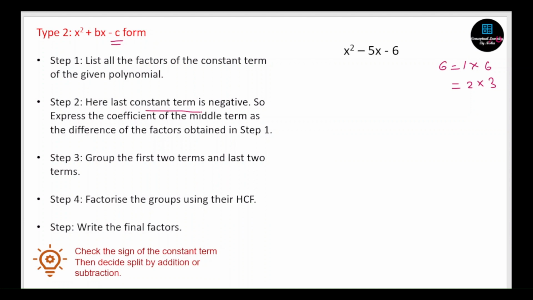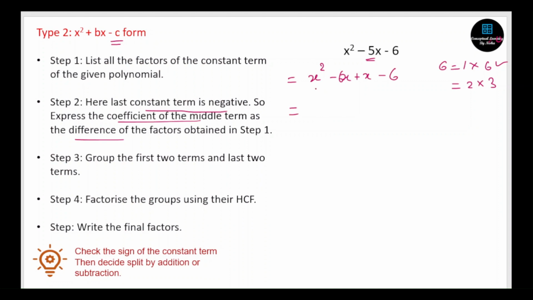Now as the constant term is negative, we have to express the coefficient of the middle term as a difference. I have to think about two factors such that if I subtract them, I'll get the middle term. Clearly it is 6 and 1. So I'll write this as x square minus 6x plus x, minus 6.